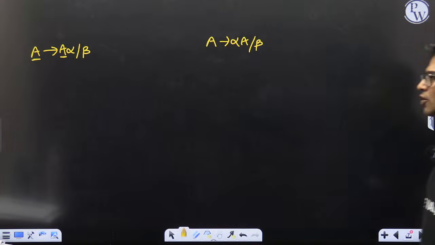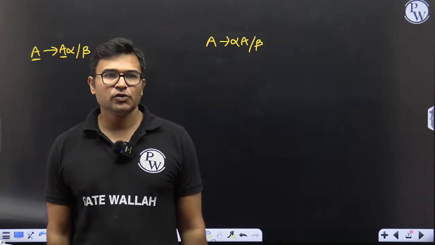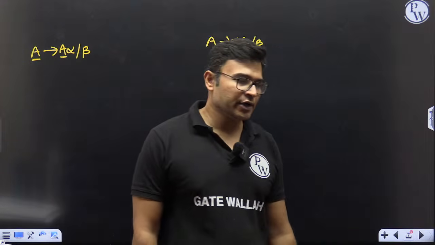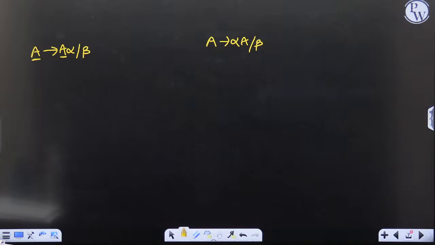Just find out what is the language generated by the left recursive grammar and what is the language generated by the right recursive grammar. Then you will understand whether they are equal or not.